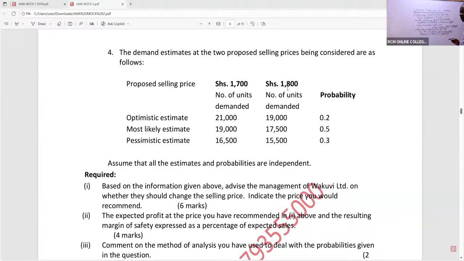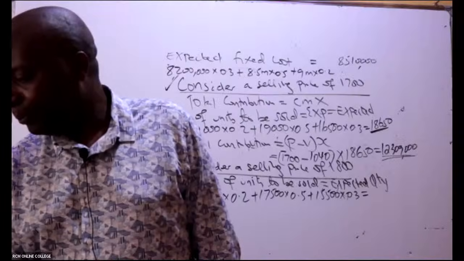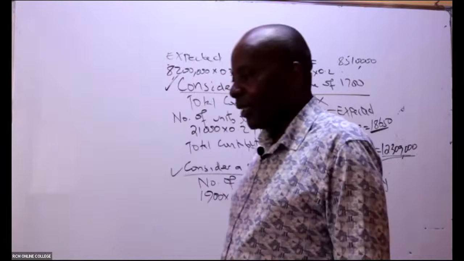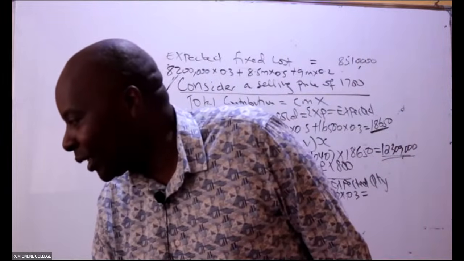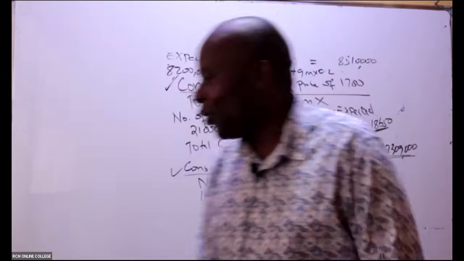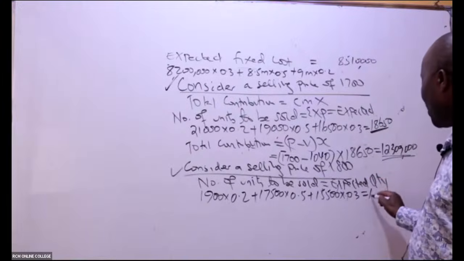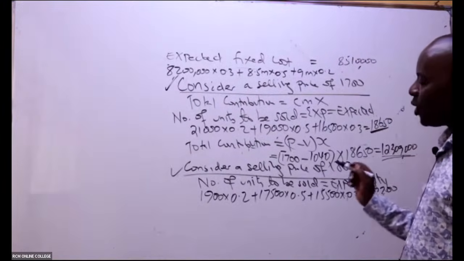Is there somebody who is able to give us this answer regarding the expected number of units should we decide to go for 1800? Yes, a ninja is raising their hand: 17,200. 17,200.